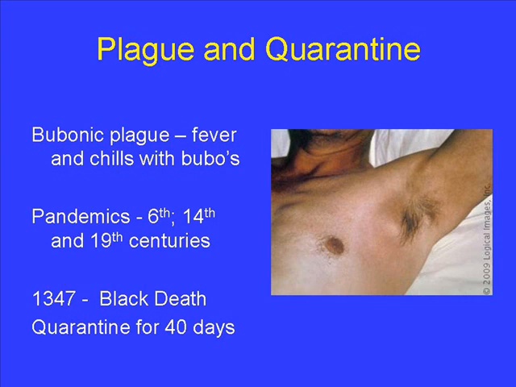The plague is transferred by the fleas of rats, and the rats ignored the quarantine, went ashore, infected the rats in the community, and the disease spread very rapidly. However, the issue of quarantine was well defined and well established before the 19th century.